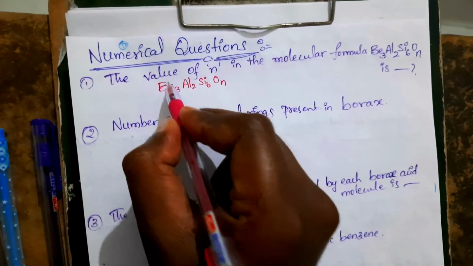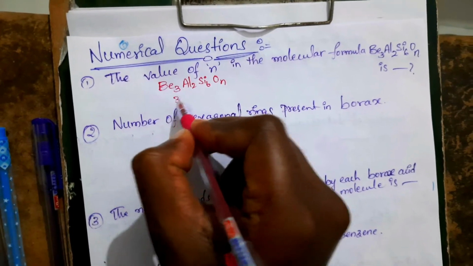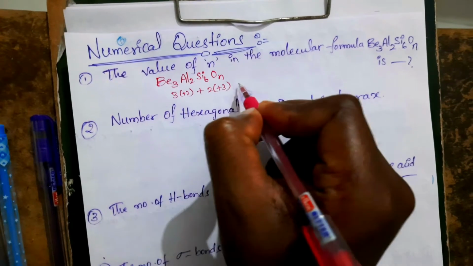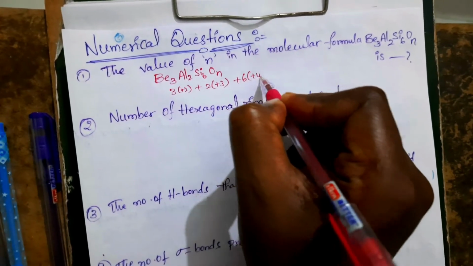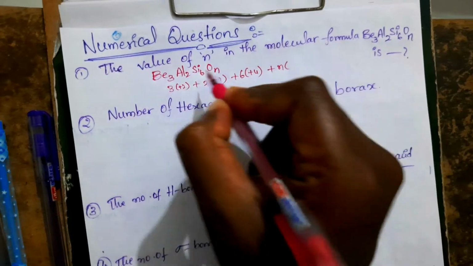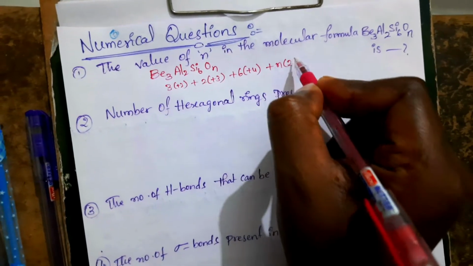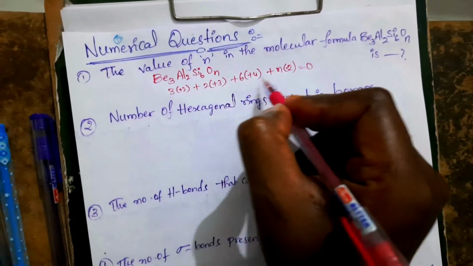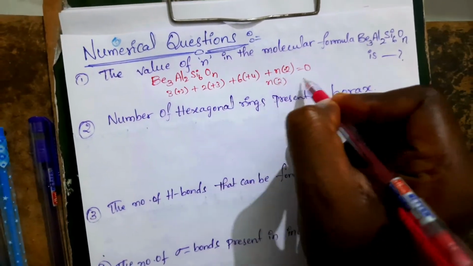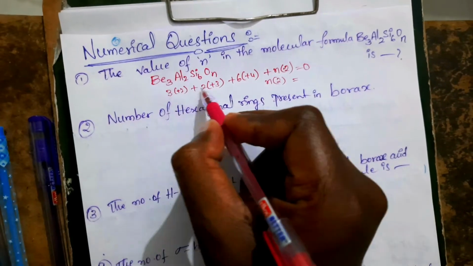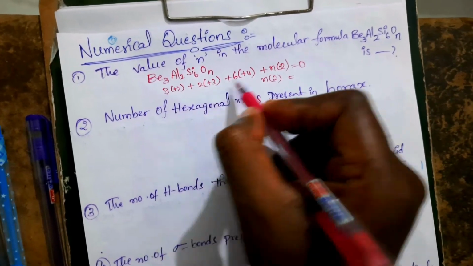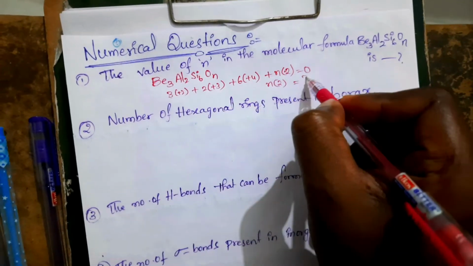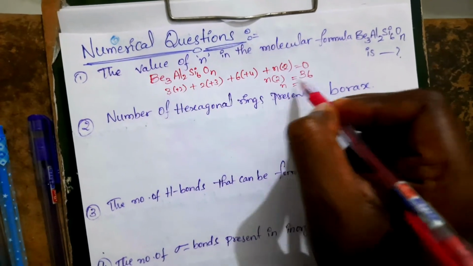Each beryllium is +2, so 3 into +2, plus 2 into aluminium +3, plus 6 silicon at +4, plus N into oxygen at -2, is equal to 0. Taking N into 2 as the total: 3 twos are 6, 2 threes are 6, 6 plus 6 is 12, 12 plus 24 is 36, and 36 by 2 is 18.